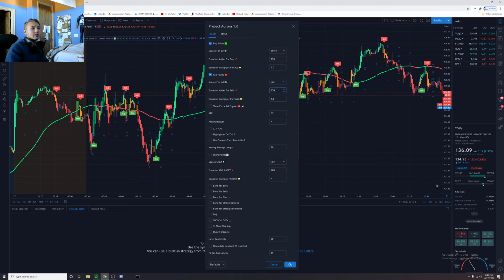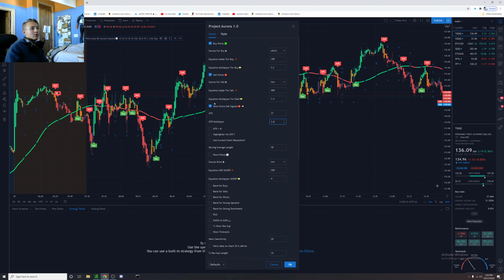1.6, let's see what's going on here. All right, so let's actually tune this to around 400. 400, let's see what's going on. 1.5, and let's show extra sell signal for the ATR, because we want as many sell signals as possible, we're just trying to get the best price possible.